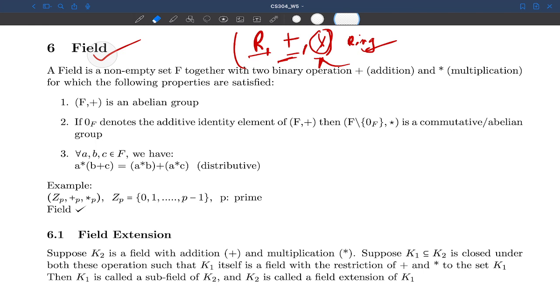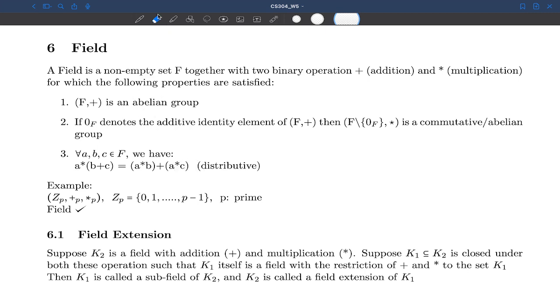So there is no significant difference between field and ring, in my opinion. It's just that we removed the identity with respect to one operator from our set to make the second operator form a group with my set.